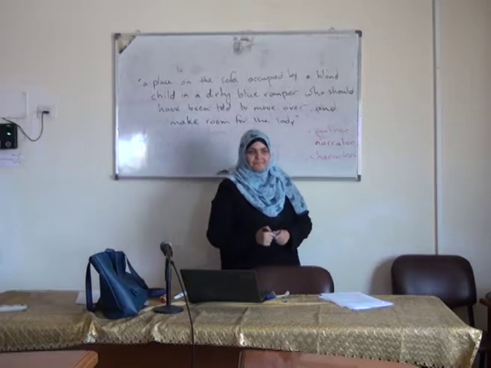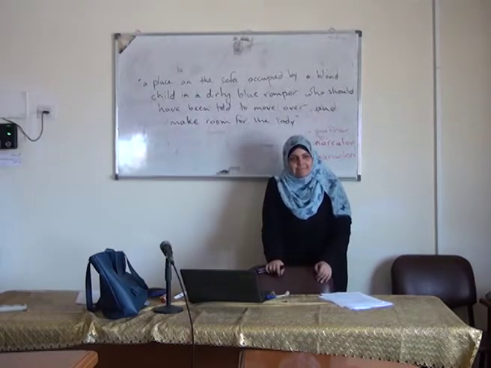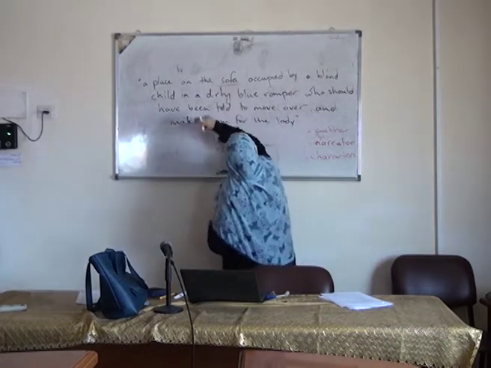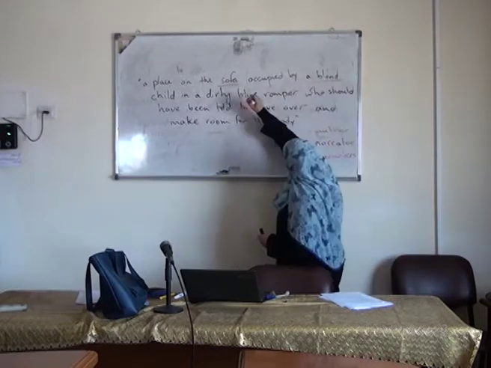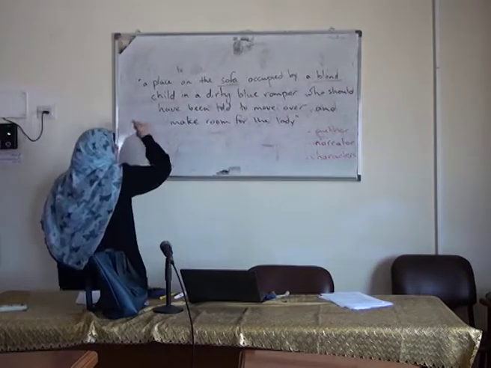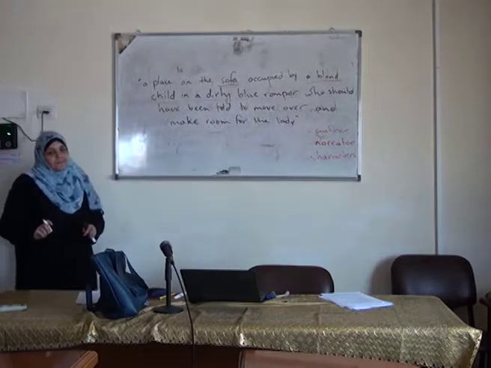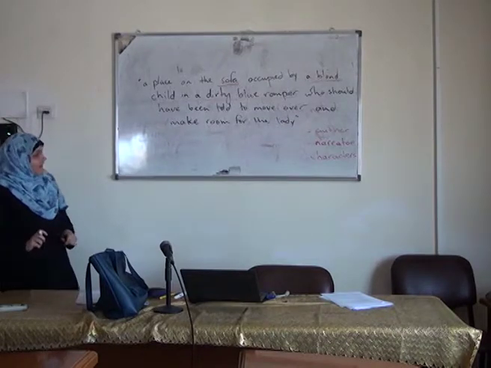Yes, Hannah. Now we know there is a sofa, a place on the sofa, occupied by a blonde child. We know that there is a blonde child, he's blonde. Okay. In a dirty blue romper, we know that there is a dirty blue, where the color is blue and it's dirty. Okay. Who should have been told to move over and make room for the lady.